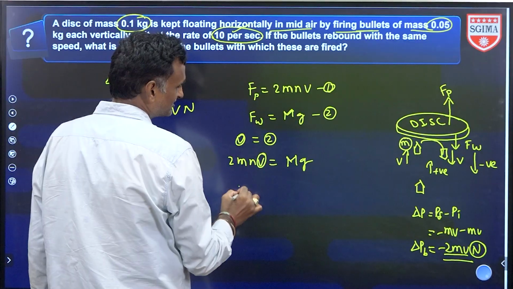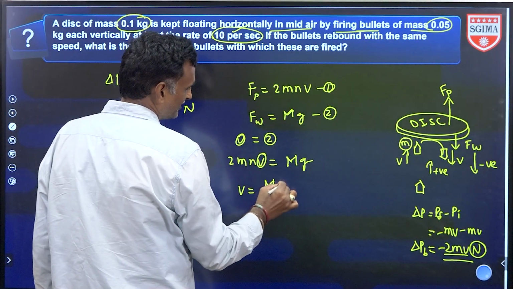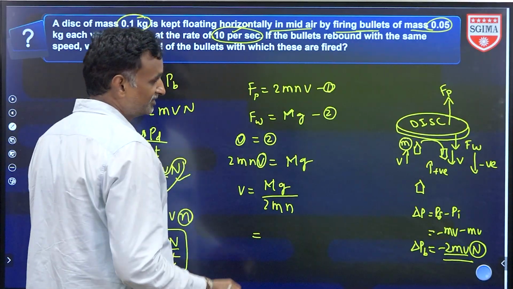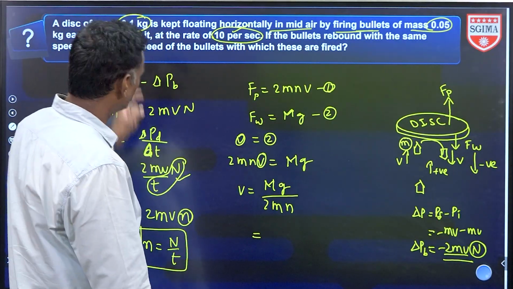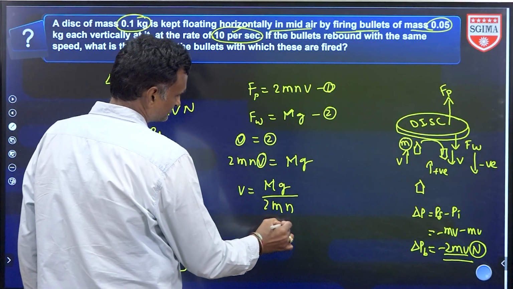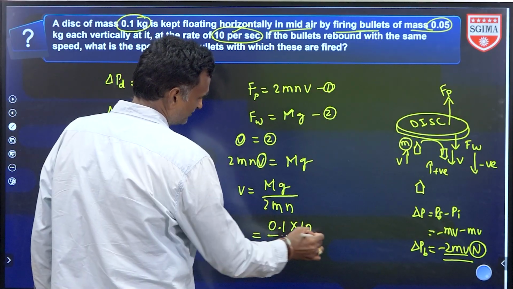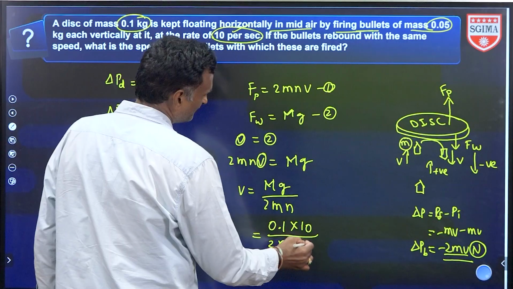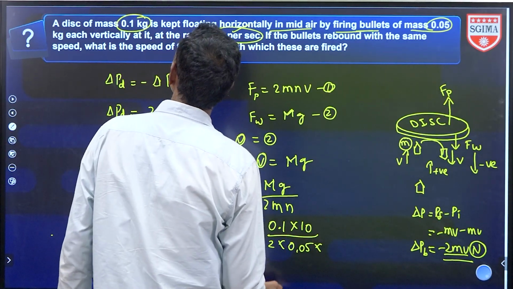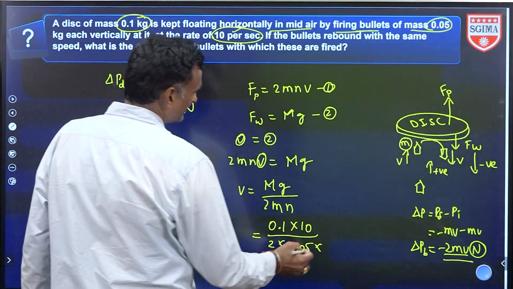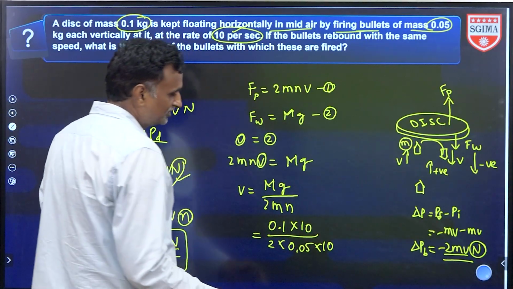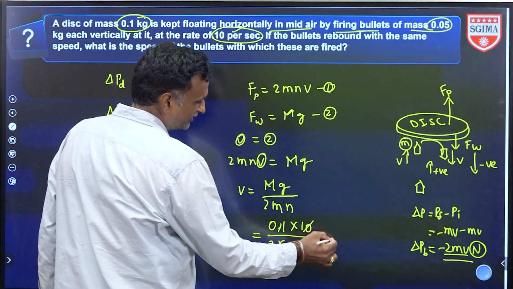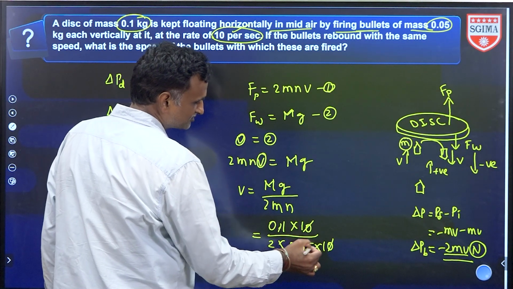They are asking for the speed, so v equals Mg by 2mn. Capital M is the disc mass, which is 0.1 kg. I am taking the g value as 10. Divided by 2 into the mass of the bullet, 0.05 kg, and here n is 10. So now the decimal cancels, the zeros cancel, and one decimal comes forward.